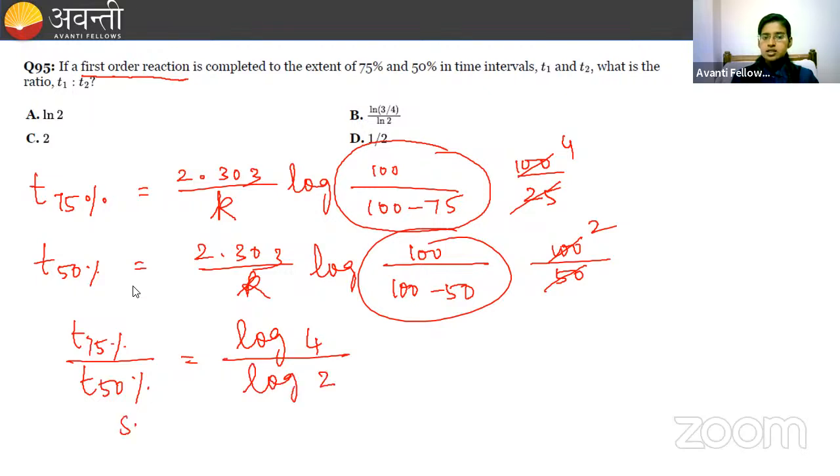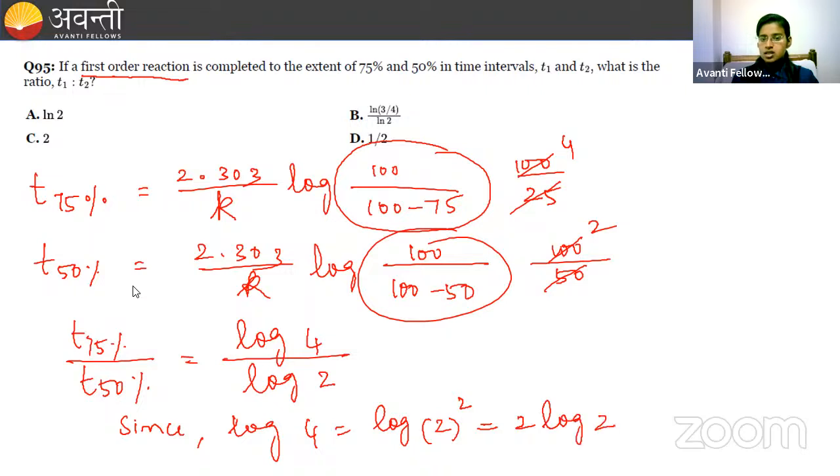Now log 4 can also be written as log of 2 the whole square, so the answer will be 2 into log 2, right? This is the format log of m to the power n, so the formula is n into log m. This is a mathematical logarithmic formula we know, and using that I am calculating this as 2 into log 2. Now in place of log 4, I can substitute 2 log 2.